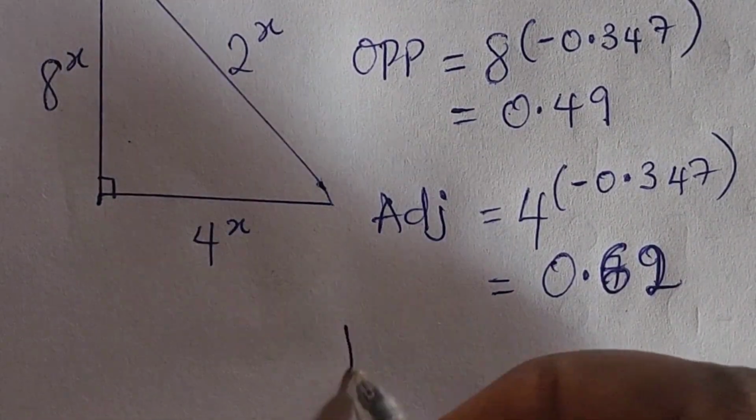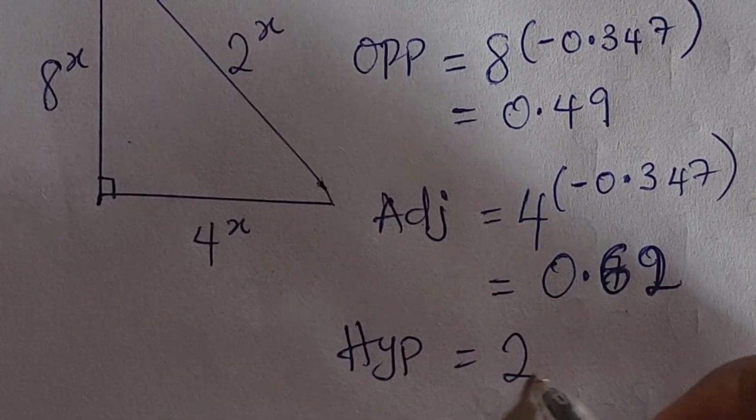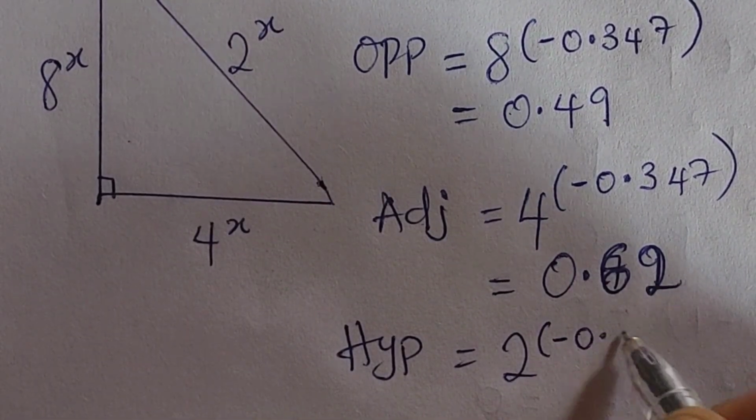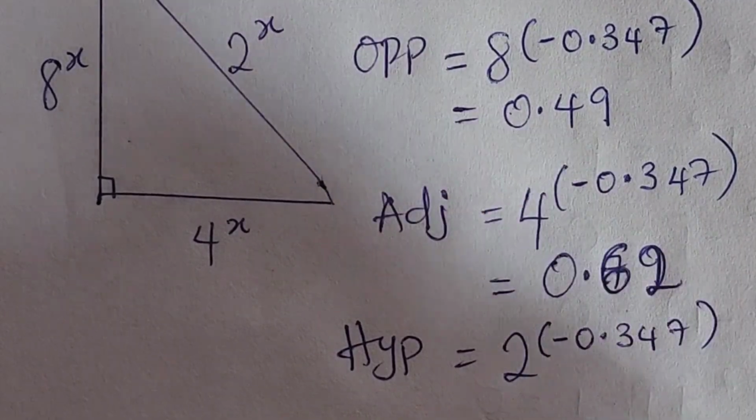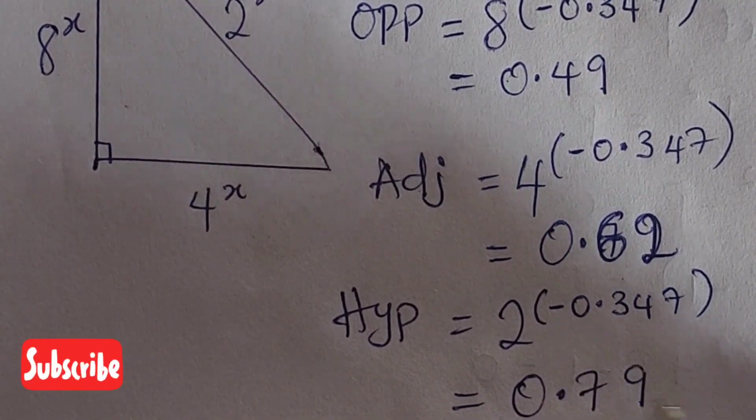So our hypotenuse, which is equal to 2 to the power of minus 0.347, is equal to 0.79.